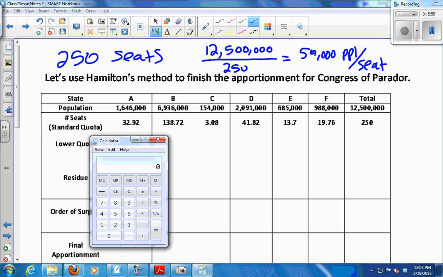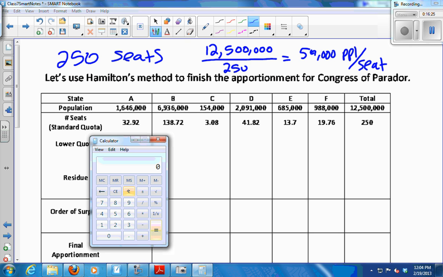State A has a population of 1,646,000. Divide that by 50,000, and you get 32.92. I already have those numbers written in. So 32.92 is the exact number of seats that state A should get in Congress. If we're going to be proportionate about it, they should get 32.92 seats.